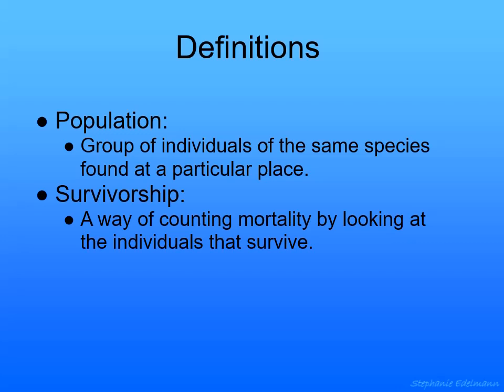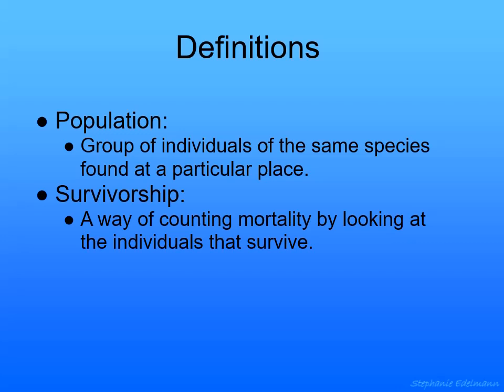And each species has a unique pattern of development, a unique reproductive rate, migration, and survivorship. Now, we measure survivorship as a way of counting mortality by looking at the individuals that survive.